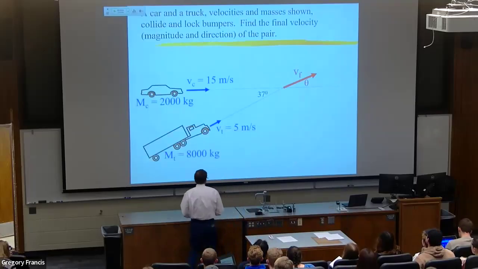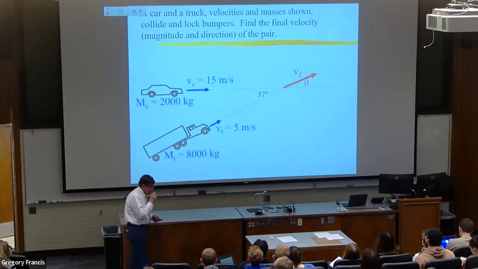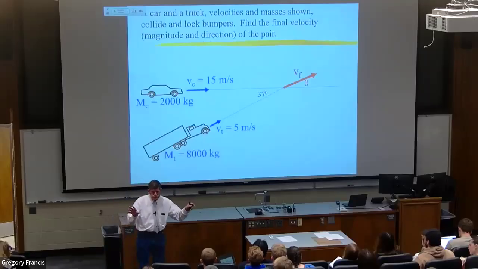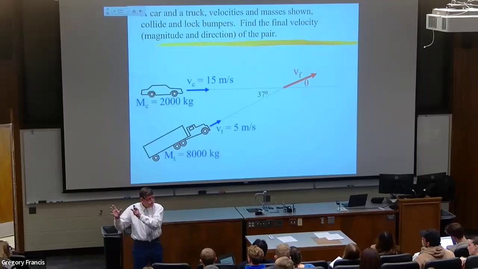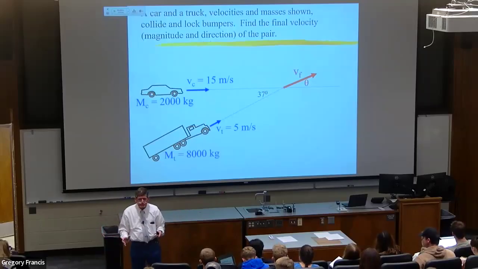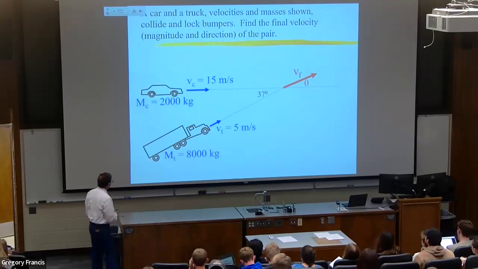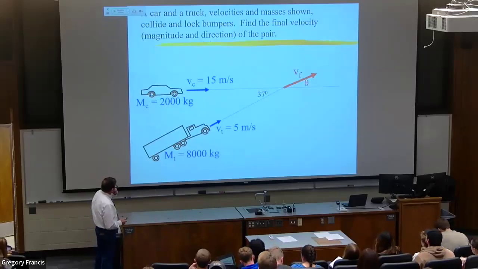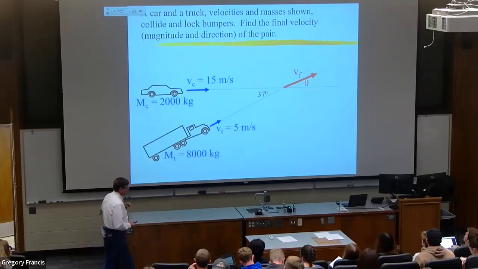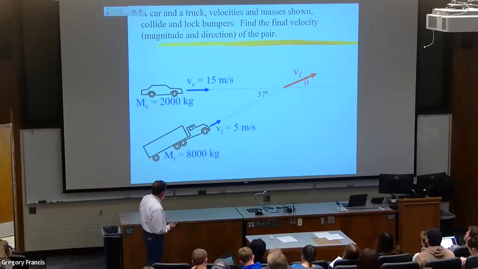Let's look at this problem here as a first example, and I'm going to go through a lot of examples. And I've picked these examples because each one highlights a different tool that you need to have in your toolbox for that next exam, okay? So here we've got a 2,000 kilogram Volvo traveling at 15 meters per second due east, and there's an 8,000 kilogram 18-wheeler that's just lumbering along at 5 meters per second at 37 degrees north of east.